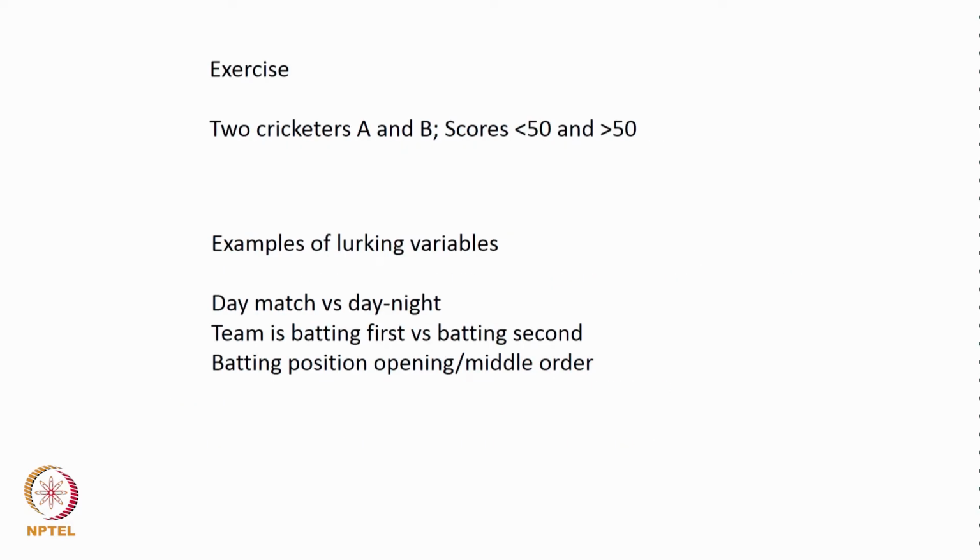Now, let us look at an exercise where we can identify lurking variables and see their effect. For example, we could look at the scores of two cricketers, and if we want to make a comparison about consistency, then we could think of what types of matches: day match versus day-night match, team batting first versus team batting second, batting position of the player, particularly opening position, middle order position and so on.